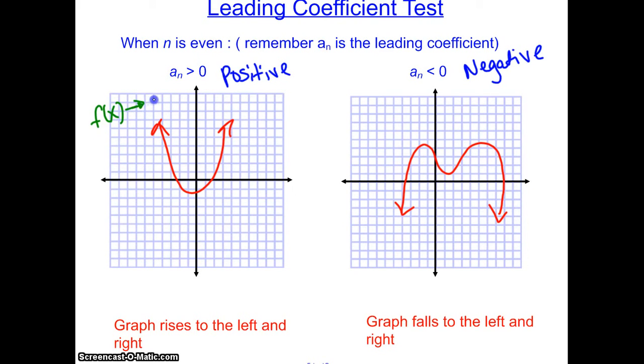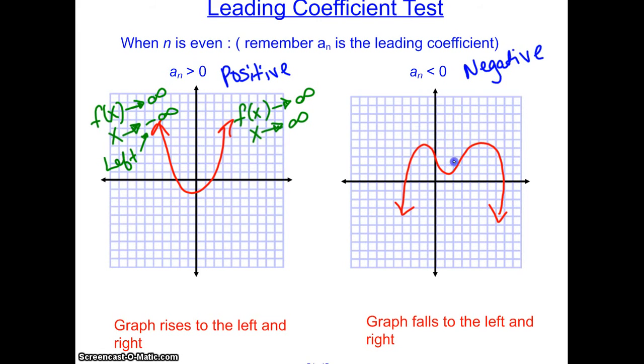So f of x is going to positive infinity as x approaches negative infinity. And again, since you're talking about the left, x will be going to negative infinity. On the right side, f of x goes to positive infinity as x goes to positive infinity.